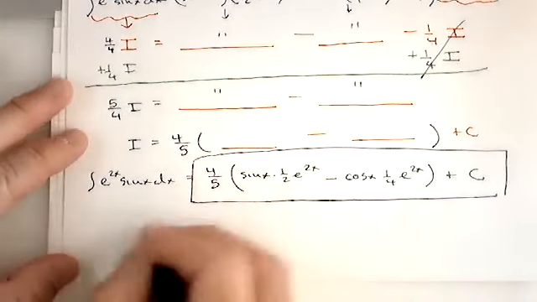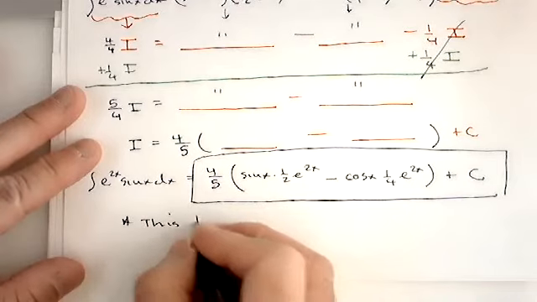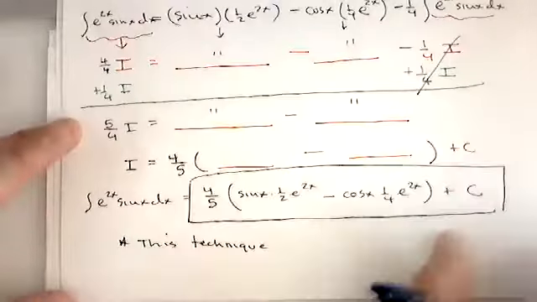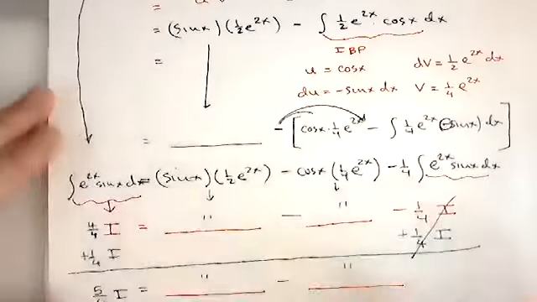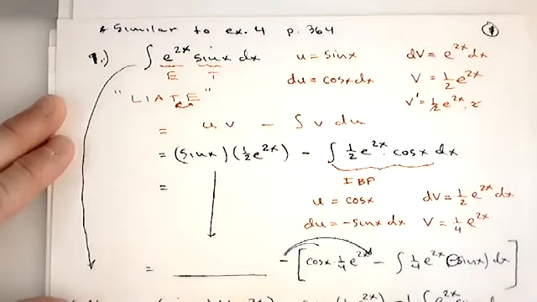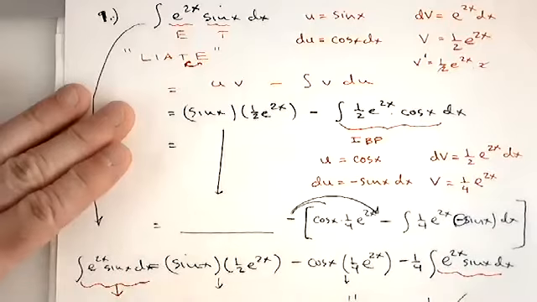So this technique, where you get the same thing, right? Kind of review what we did. You did integration by parts twice. You ended up with the same integral that you were solving for. And so then you just added it over to the other side.